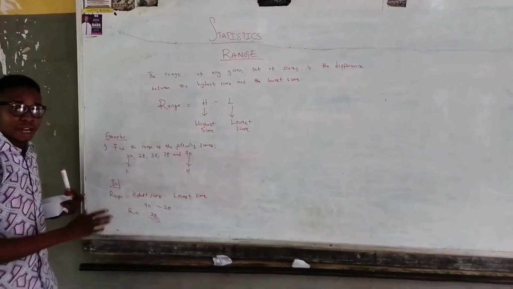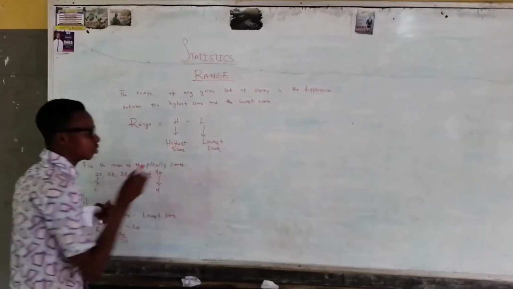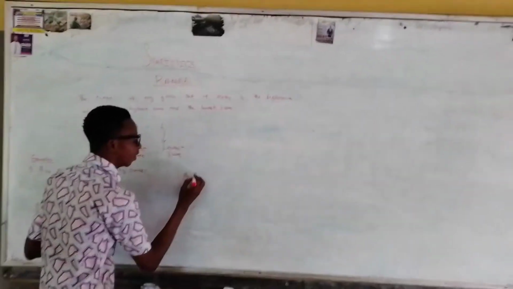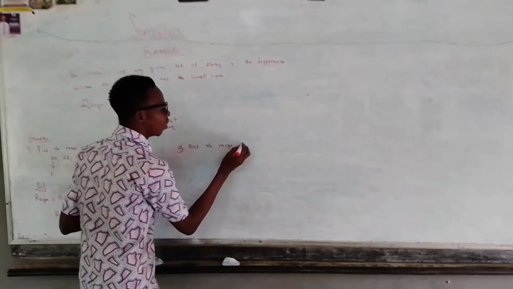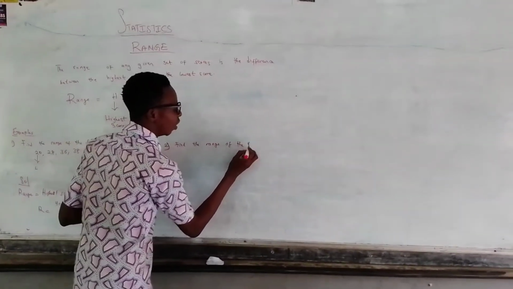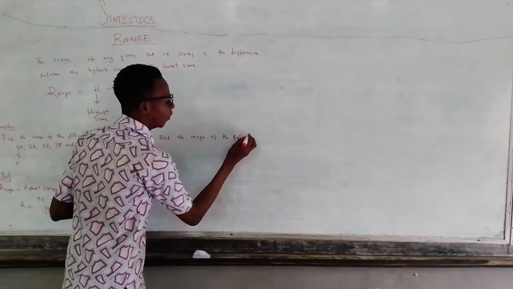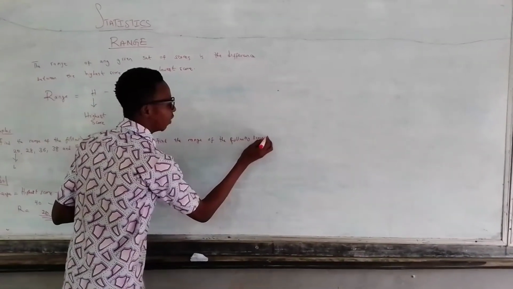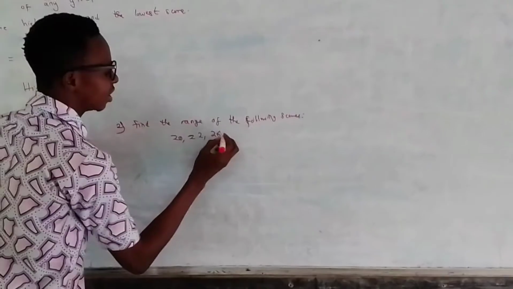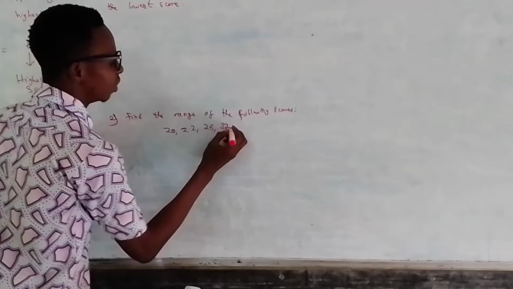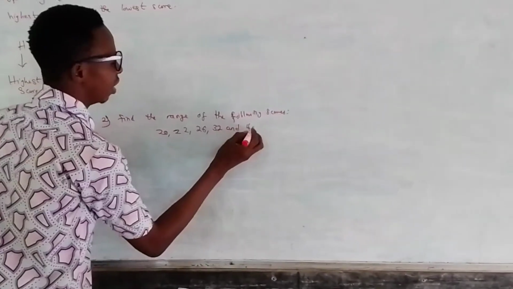Now let's take another example. Example 2. Find the range of the following scores: 20, 22, 26, 32, and 40.